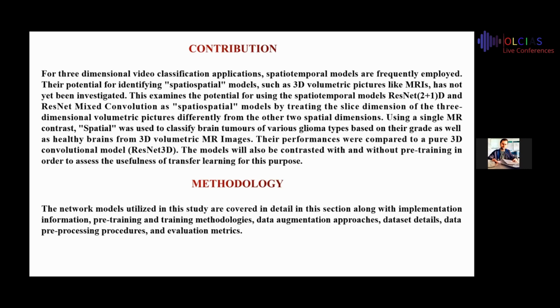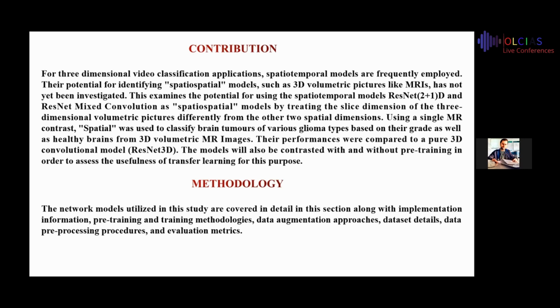So basically, using a single MR contrast, these were used to classify brain tumors of various glioma types based on the grade, as well as healthy brain from 3D volumetric MR images. Their performances were compared to a pure 3D convolutional model, ResNet 3D. These models will also be contrasted with and without pre-training in order to assess the usefulness of transfer learning for this purpose. So the methodology.